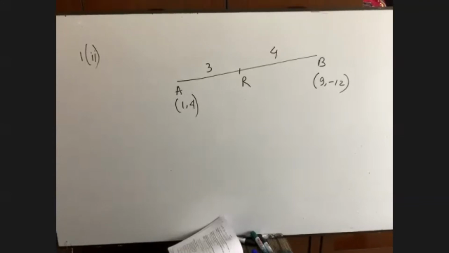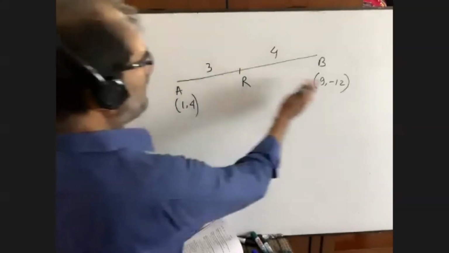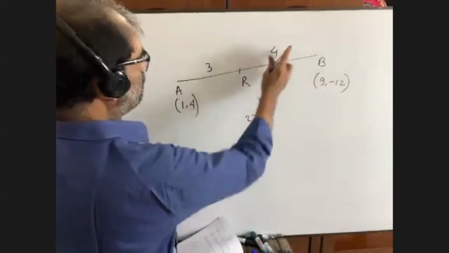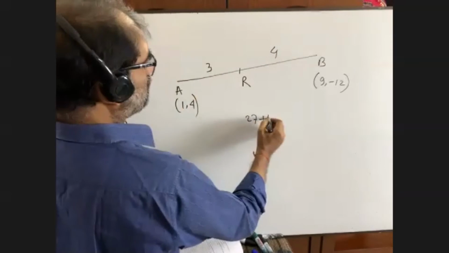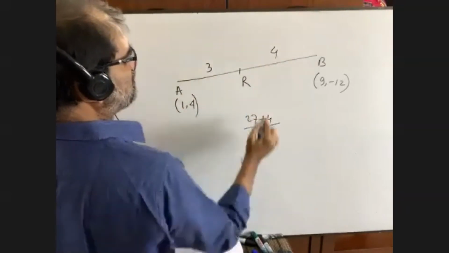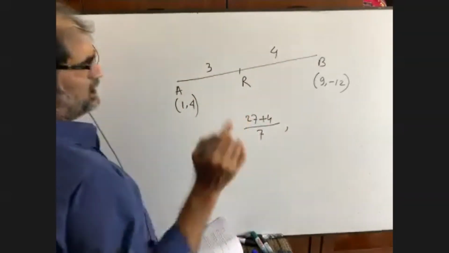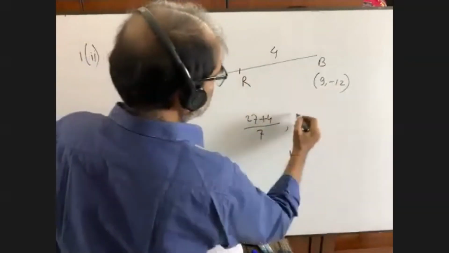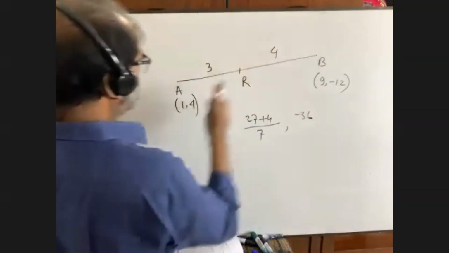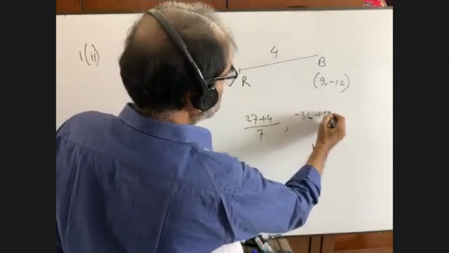Very easy and simple calculation, you know. 3 into 9 equals what? 27. 4 into 1 equals what? 4. By 3 plus 4, that is 7. Another: 3 into minus 12 is minus 36, 4 into 4 is plus 16, by 7.